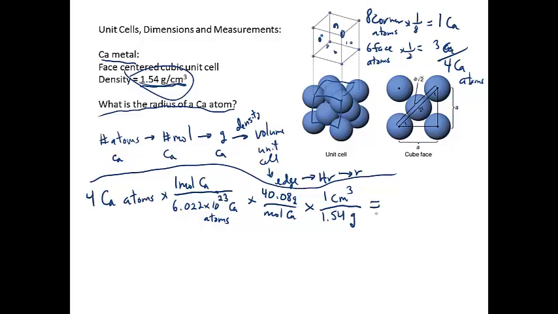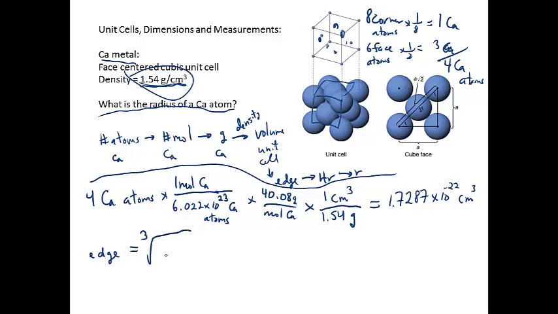So let's do all that out. That comes out to 1.7287 times 10 to the minus 22, and everything cancels except centimeters cubed. That's the volume of the unit cell, so the edge length is equal to the cube root of that.